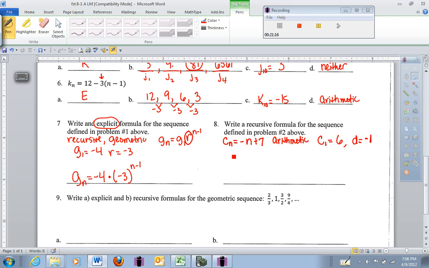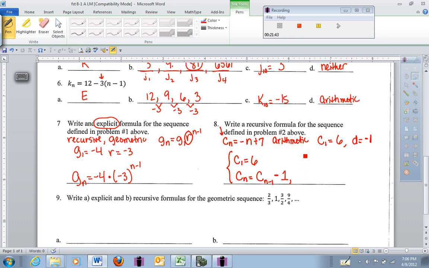So now my recursive formula, I'm going to make a set bracket on the left. I'm going to identify the first term, c sub 1. I'm going to keep with c this time because c is the variable here. The first term is 6, and then the nth term is the previous term, c sub n minus 1, and then I want to subtract 1, which is the common difference.